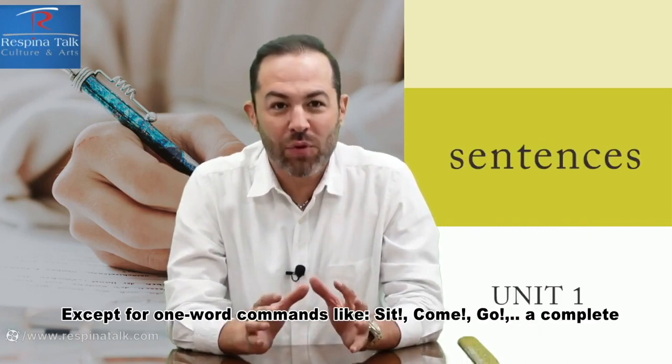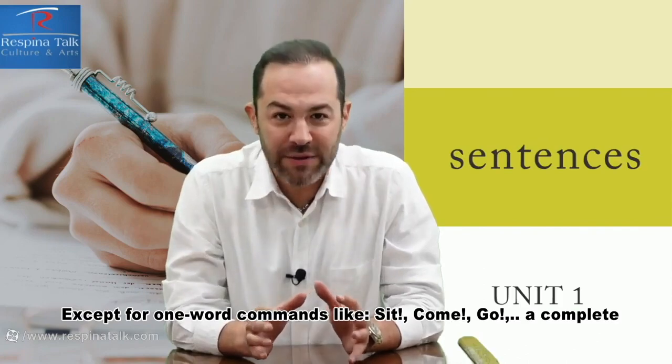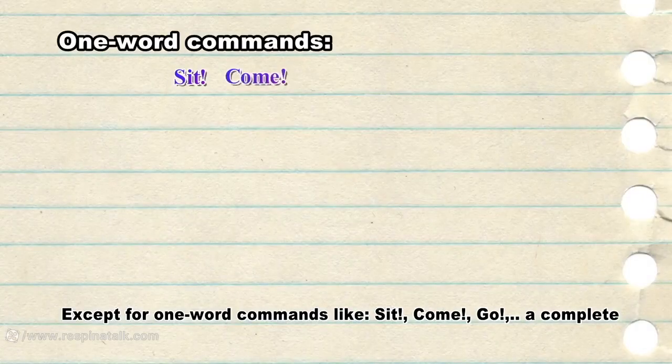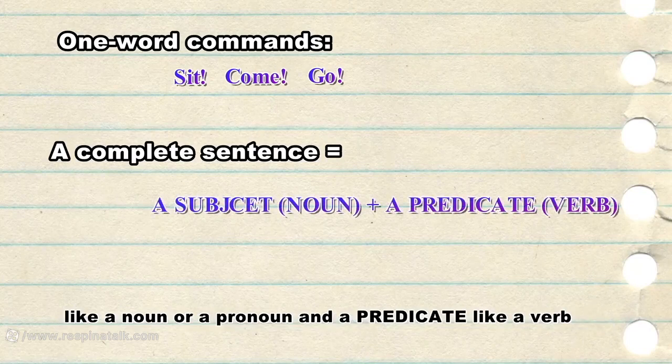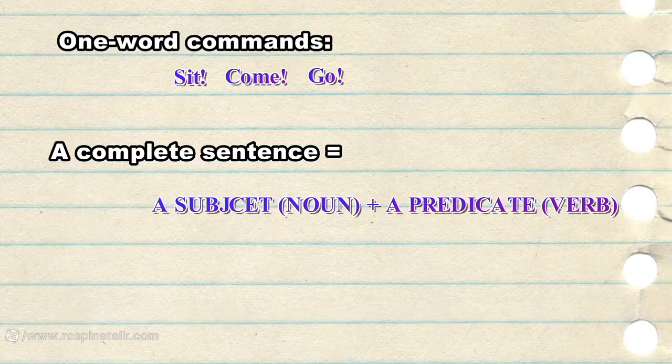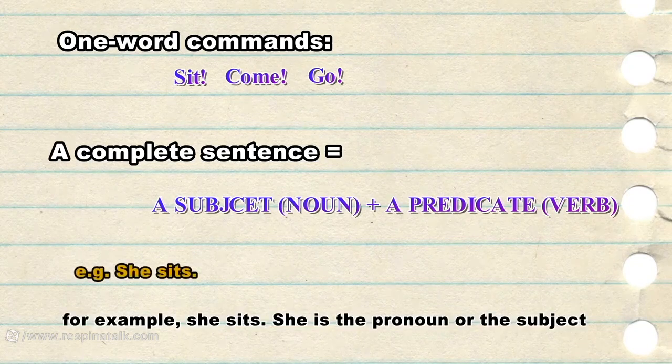Now, except for one-word commands like sit, come, go, a complete sentence in English needs at least two words: a subject, like a noun or a pronoun, and a predicate, like a verb. For example, she sits.